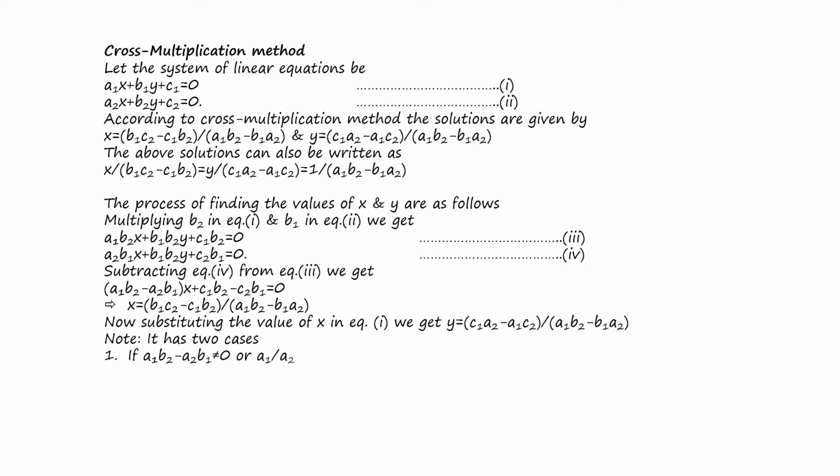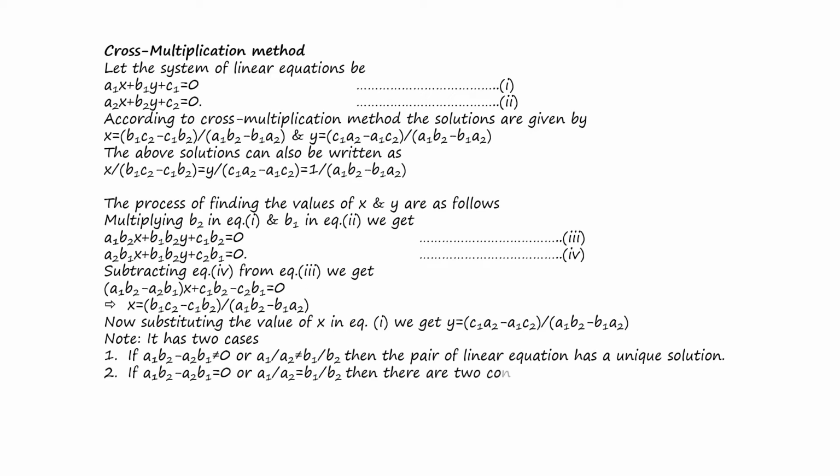Now, it has two cases. First case, if a1b2 minus a2b1 is not equal to 0, or a1 by a2 is not equal to b1 by b2, then the pair of linear equations has a unique solution. And the second case is if a1b2 minus a2b1 equals 0, or a1 by a2 equals b1 by b2, then again there are two conditions.